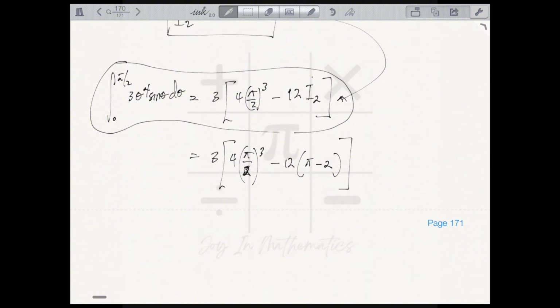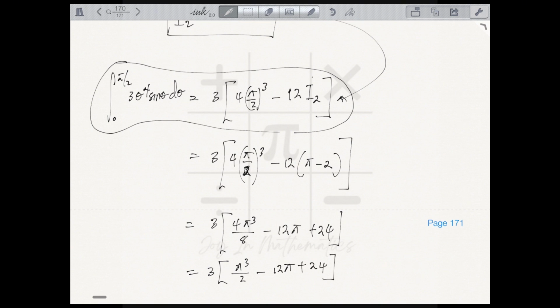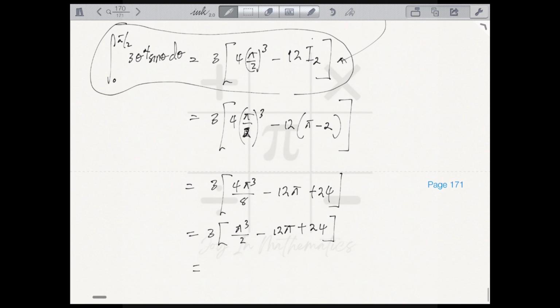So simplifying further, you will have 3 into 4 pi raised to power 3 over 8 minus 12 pi plus 24. So this will give us 3 into pi raised to power 3 over 2 minus 12 pi plus 24. And using our calculator and simplifying to 2 decimal places, we'll have our final answer to give us 5.41.